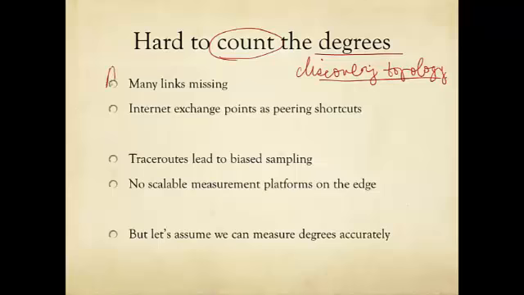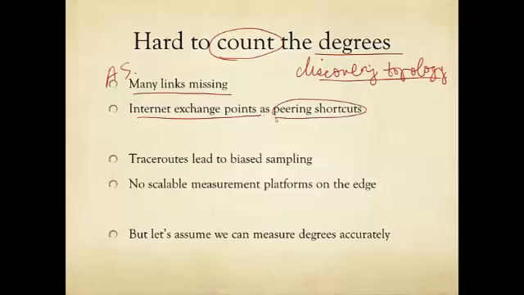If we're talking about the AS, Autonomous System Relation Graph, many links are missing. These business or physical links are not reported or recorded. There are also what's called internet exchange points. For example, thousands of these just in Europe.